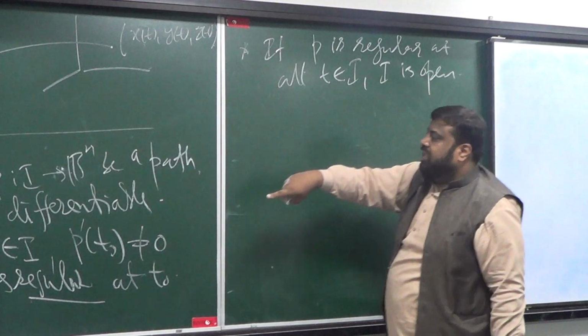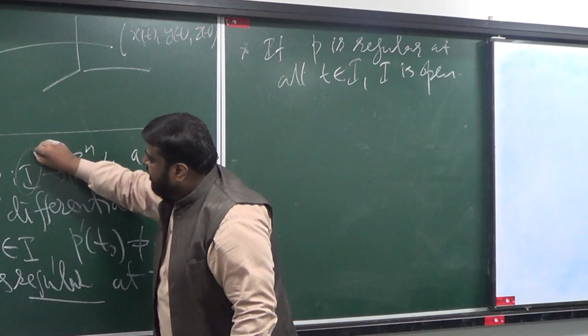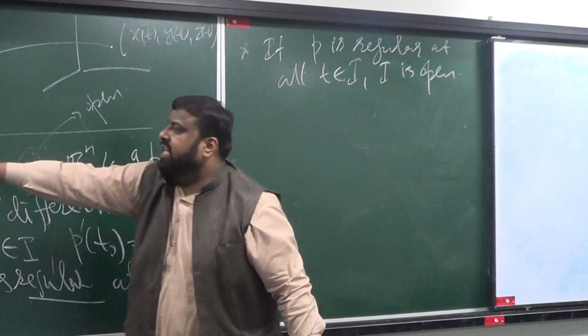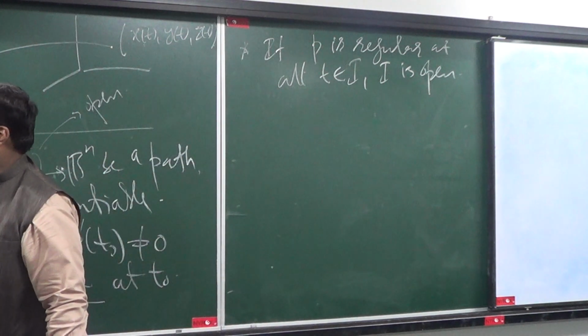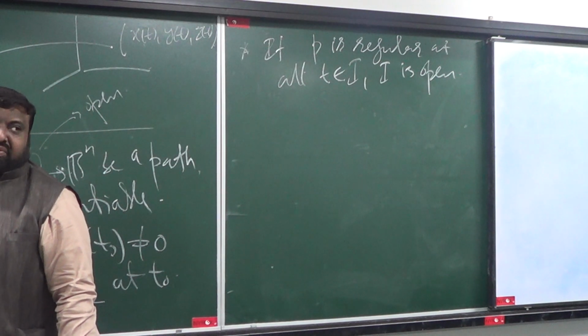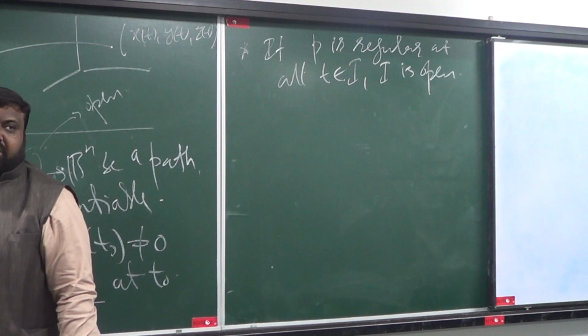In other words, for this definition, we are going to assume that I is an open set. For defining a path, you don't need an assumption; I could be anything: closed interval, open interval, finite interval, semi-finite interval, could be anything.